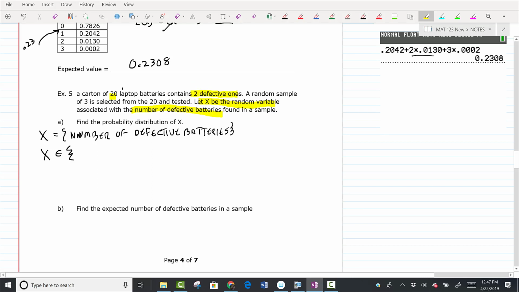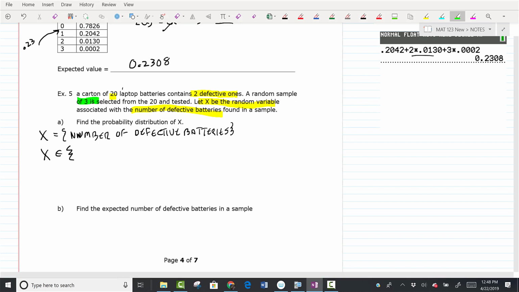Out of that 20, 2 of them are defective. So you're going to randomly reach in and grab a battery. So what are the possibilities? You could get 0 defective batteries. Are you supposed to grab 3? Oh, you are supposed to do 3. I'm sorry. Okay. Same idea though. You're going to randomly reach in for 3 batteries. What are the possibilities of them being defective?